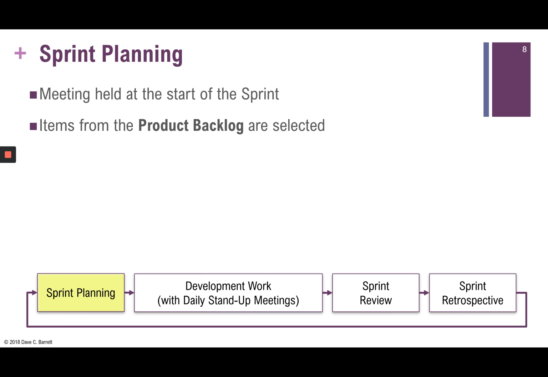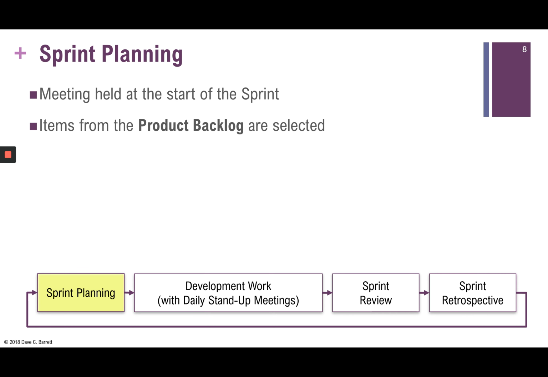Now, this is one of the areas where Scrum differs from traditional project management. It's not the product owner or the Scrum Master that select the items and indicate to the development team what they should do.